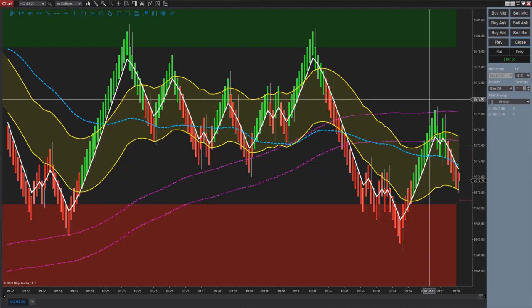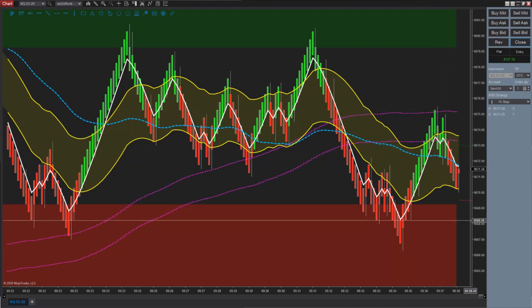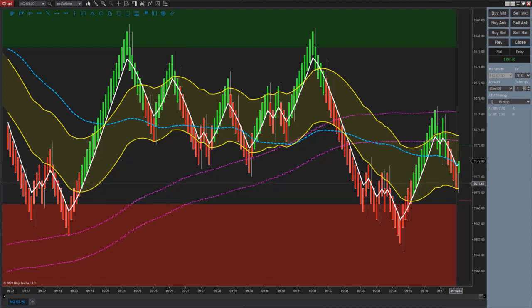There's a magenta zone acting as a resistance. So it touched the upper zone and now pulling back. Now this could act as a resistance too, or support, which they're reacting to here. They may just go back and forth, back and forth.